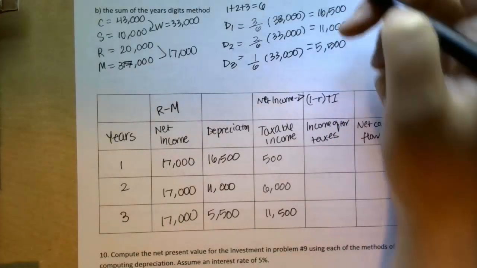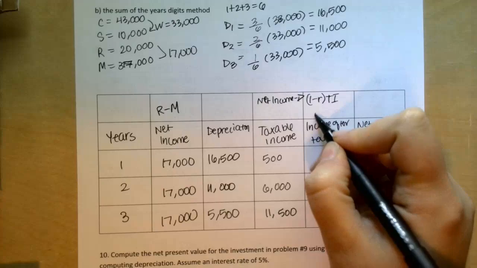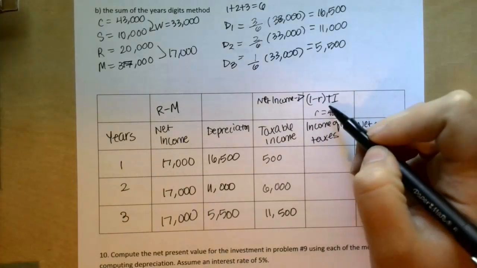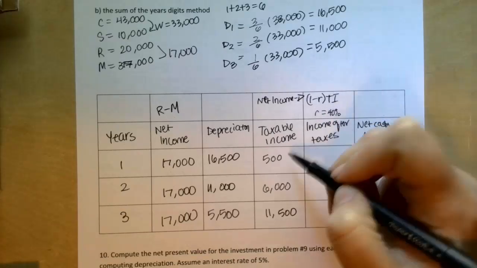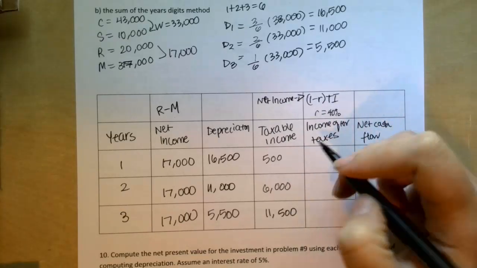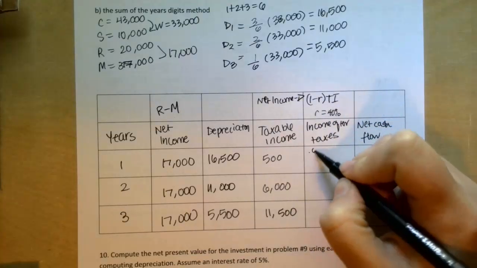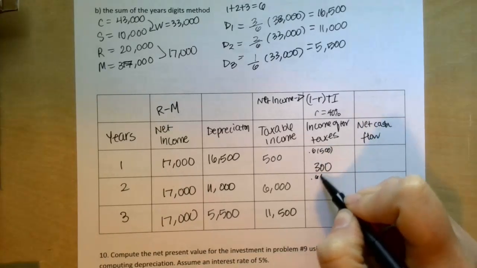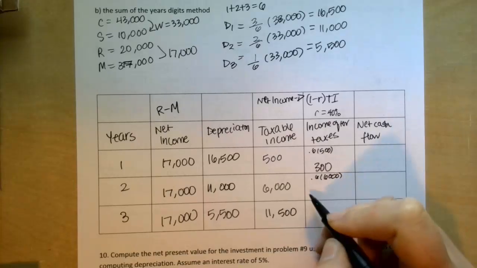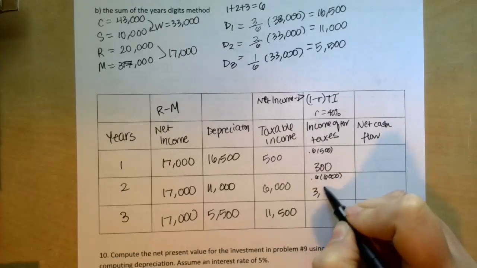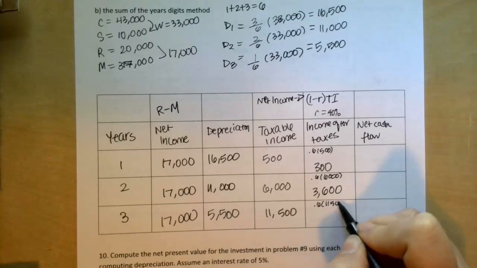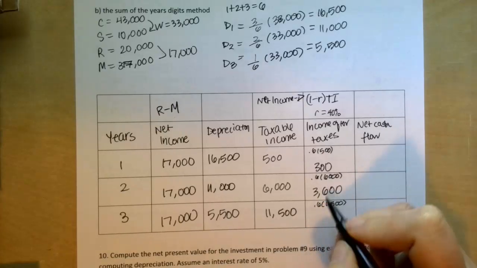So our R here, from the problem, is 40%. So that means we're going to have 1 minus 0.4, so 0.6 of each of these, the taxable income. So 0.6 times 500 gives us 300. 0.6 of 6,000 gives us 3,600, and 0.6 of 11,500 is going to give us 6,900.